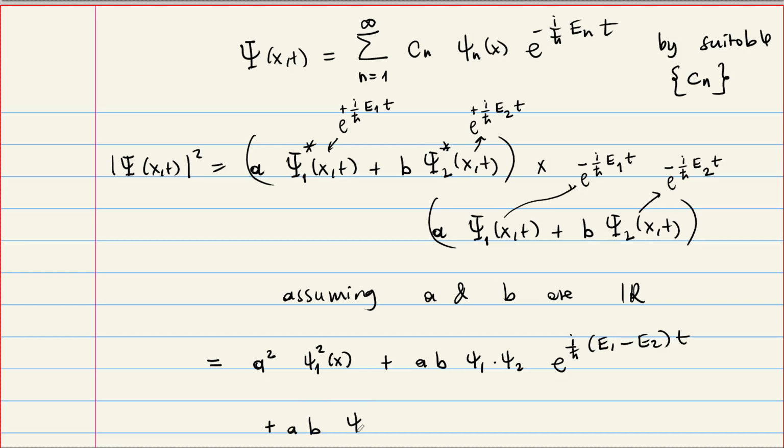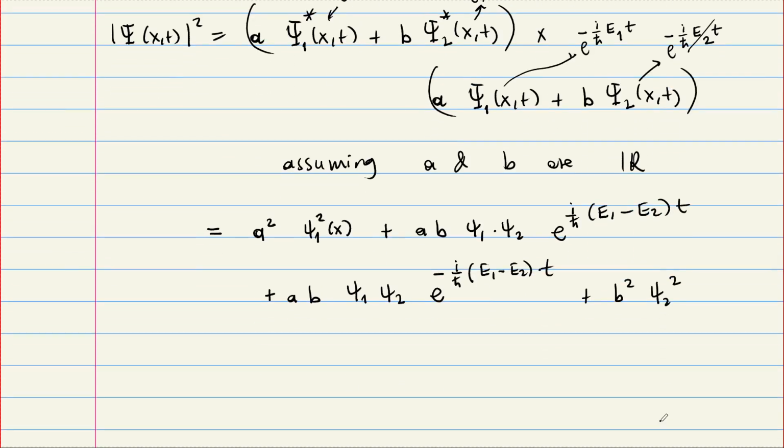So this is again psi 1 and psi 2, and this is e to the minus i over h bar (E1 minus E2) times t. And lastly, this term is going to cancel this term, and I'm going to have b squared psi 2 squared.